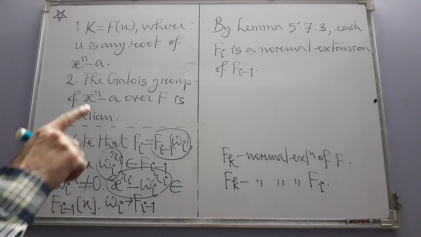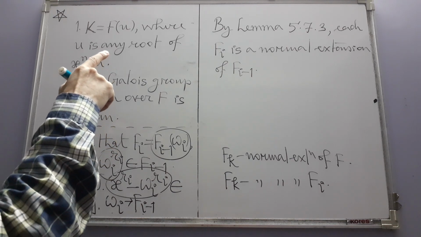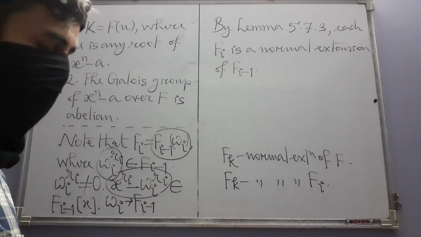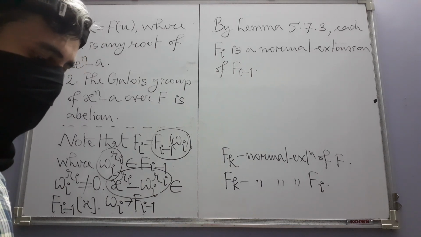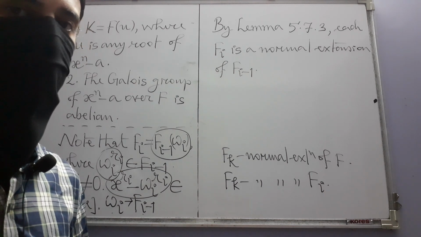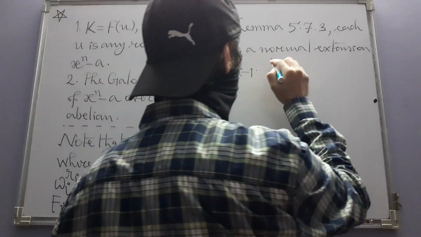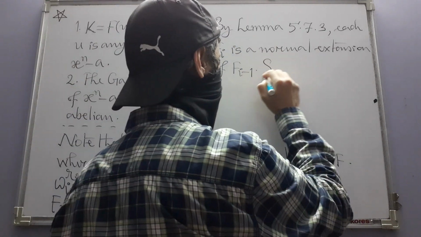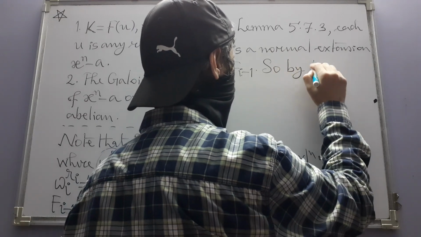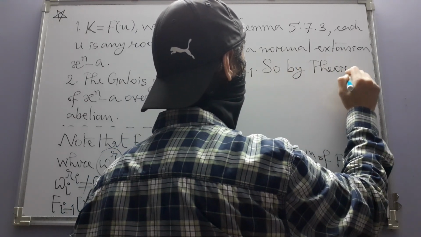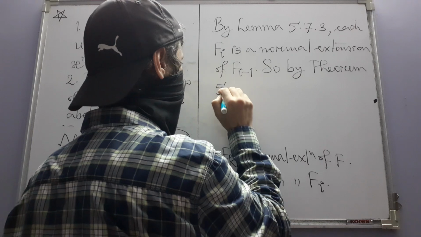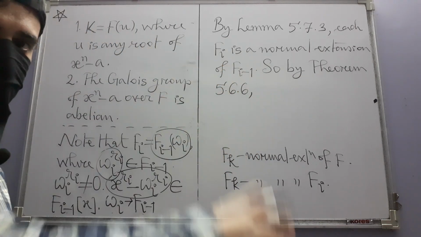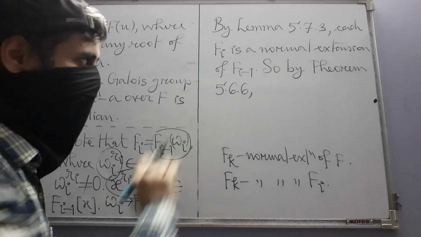And now we are also concluding, because of this lemma, that F_i is a normal extension of F_{i-1}. And that is why we can use the fundamental theorem of Galois theory here, which is Theorem 566. By Theorem 566, I am not going to write the entire statement of that theorem.